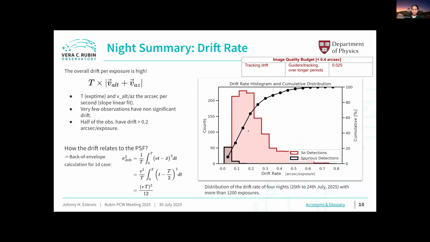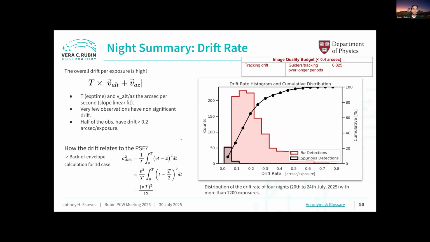This data is more than 1,200 exposures. And the drift rate here is the absolute value. And you can see that we have a very large drift rate, something that is not expected. It's about 0.2 arcseconds per exposure half of the time.